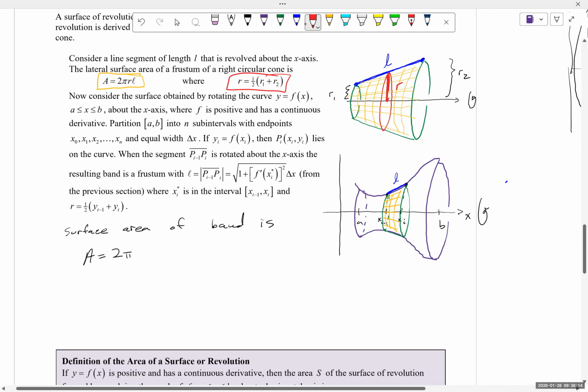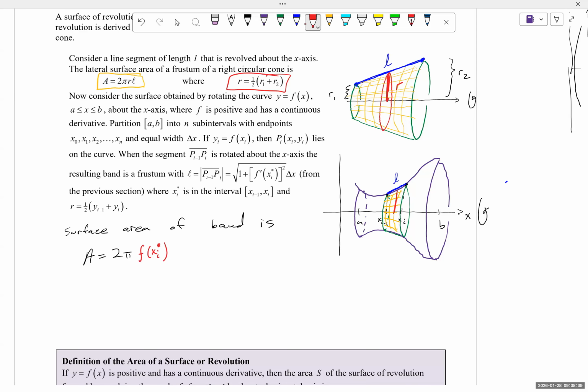Tell me about this red radius here. Isn't that just the length up to the function at some x sub i star? And so that radius in red is going to be our f of x sub i star.